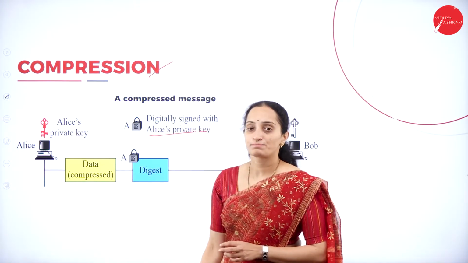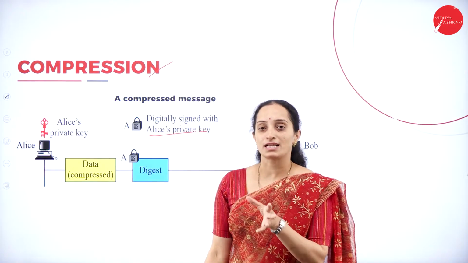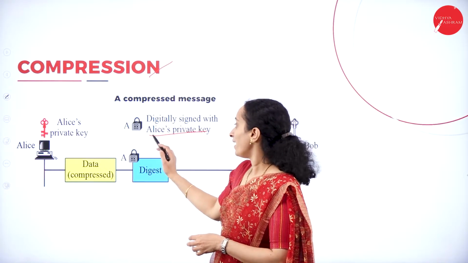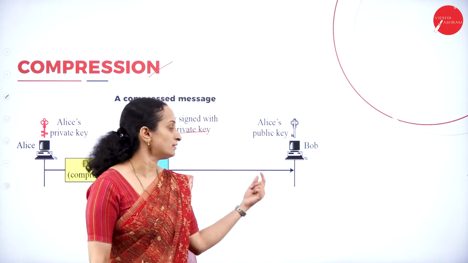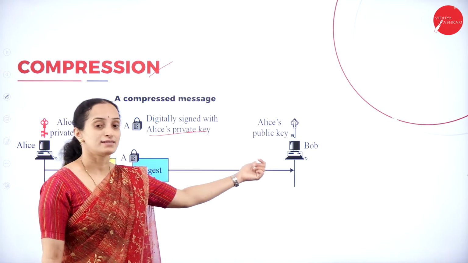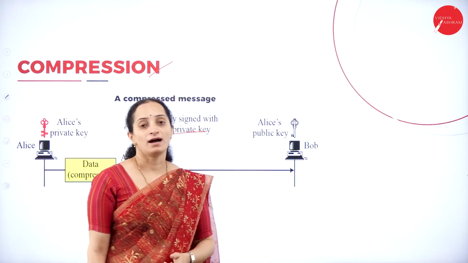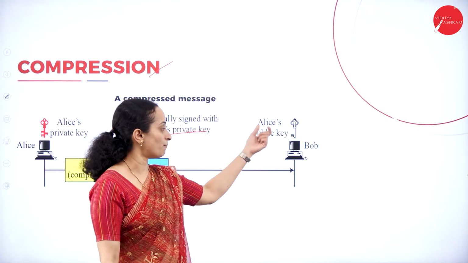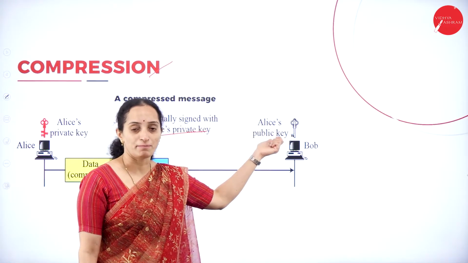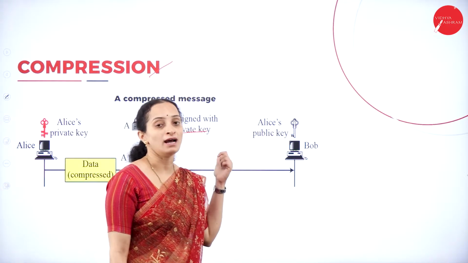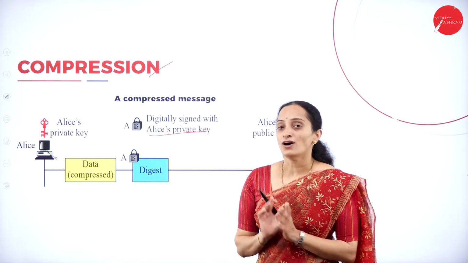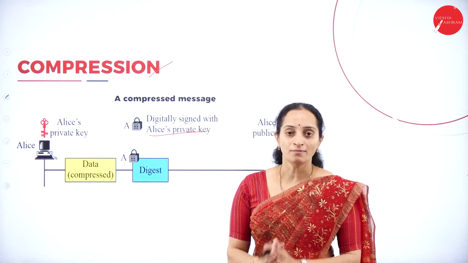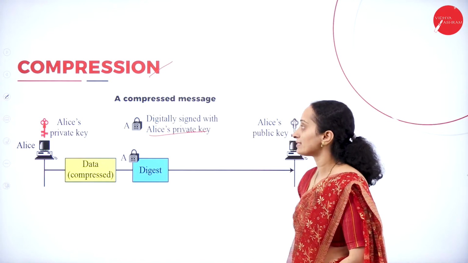The message digest is signed by Alice using her private key and transmitted to the receiver. At the receiver end, Bob uses Alice's public key to decrypt the message digest and gets the original message, or the plain text, that was sent.